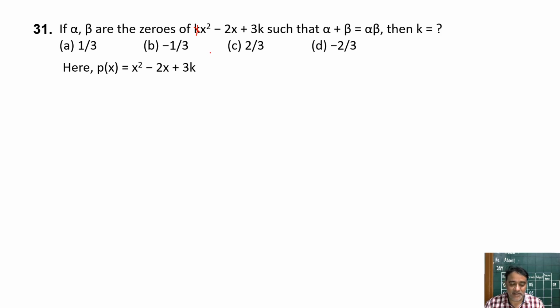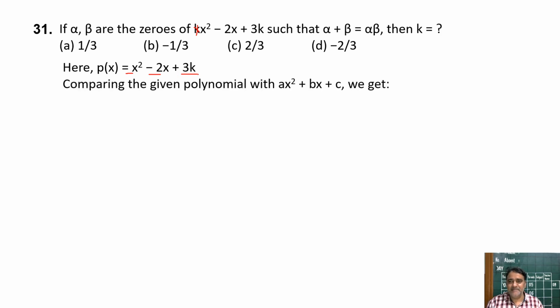So what is the value of a here? 1. b is minus 2 and c is 3k. Comparing with ax square plus bx plus c, we get a equal to 1, b equal to minus 2 and c equal to 3k.